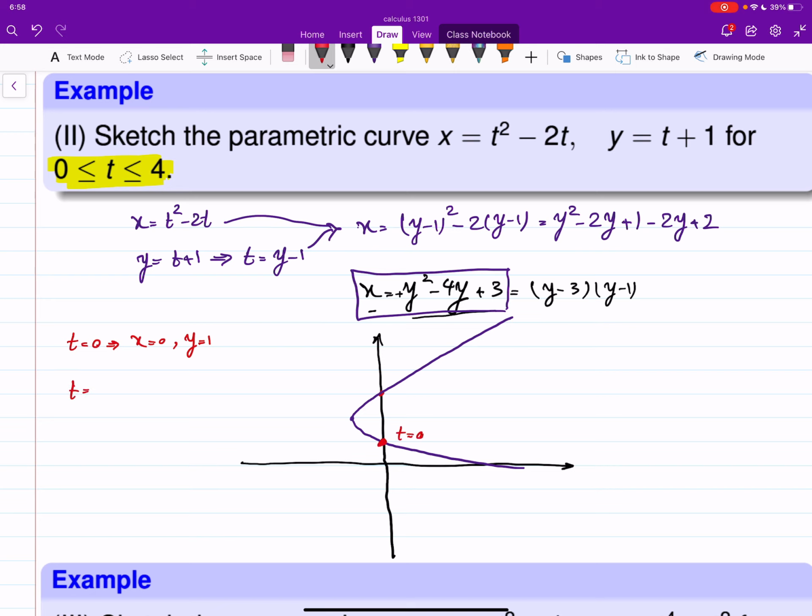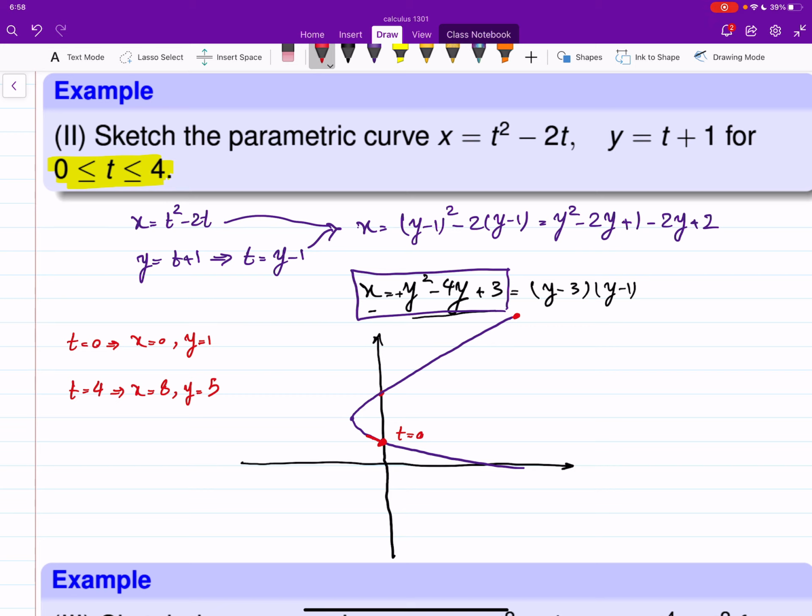For t equal to 4, we have x equal to 16 minus 8, which is 8, and y is equal to 5. Yes, so it is going to be somewhere here. And well, that is enough. If you want, you can put a few more points there.